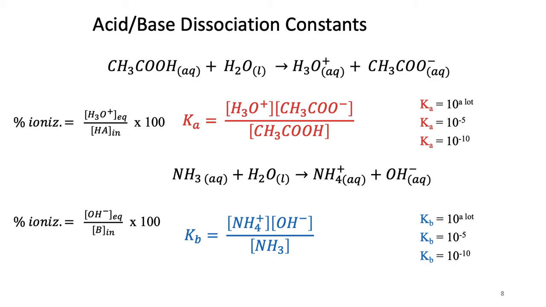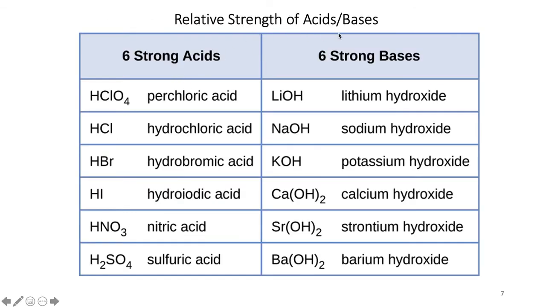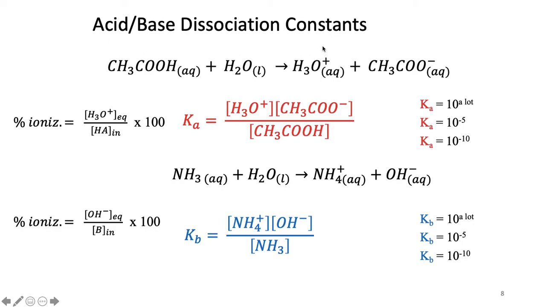How do we determine, so we know that there's a relative strength of acids and bases, how can we tell then which acid is stronger and which acid is weaker, or which base is stronger or weaker? We do that by what we call acid-base dissociation constants.